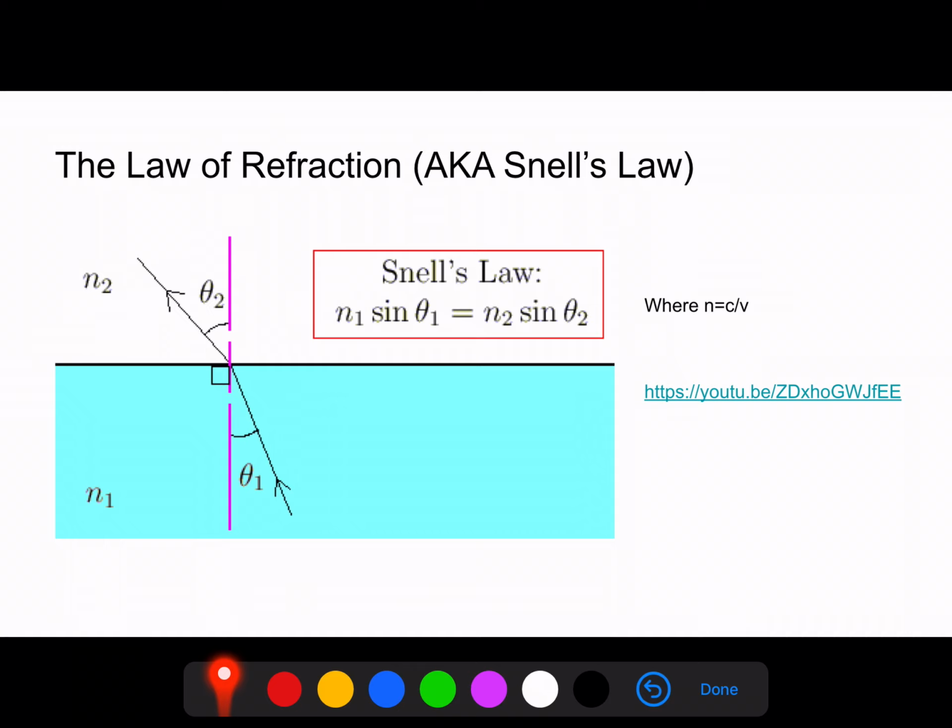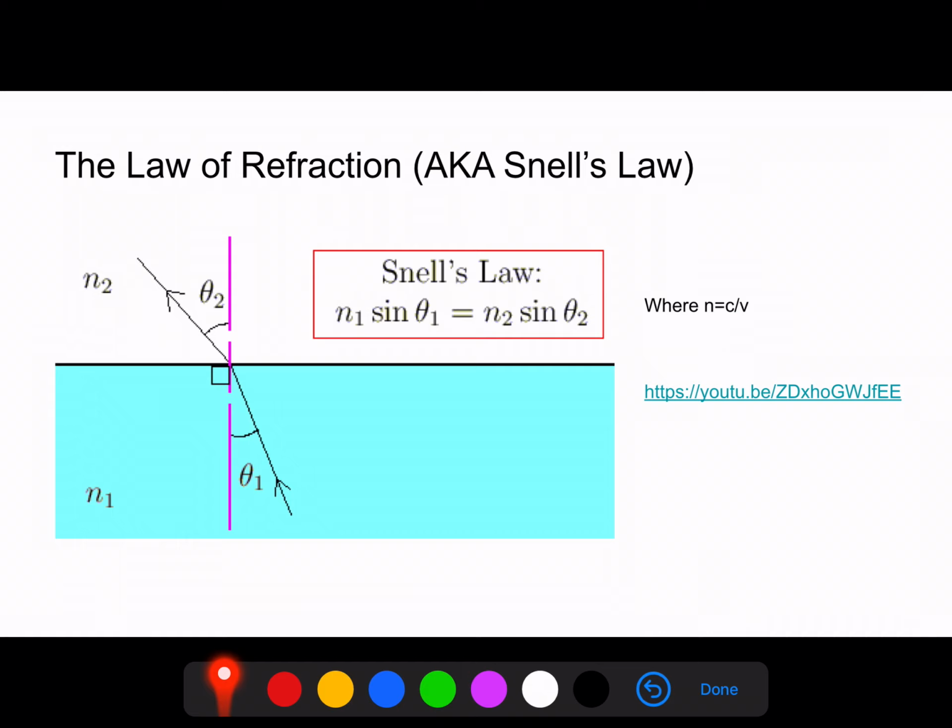So I draw a perpendicular line to this interface, and then I measure the angles with respect to that perpendicular line. If you think about what actually is happening with the index of refraction, you can get a sense of whether this should bend towards that normal line or away from that normal line.